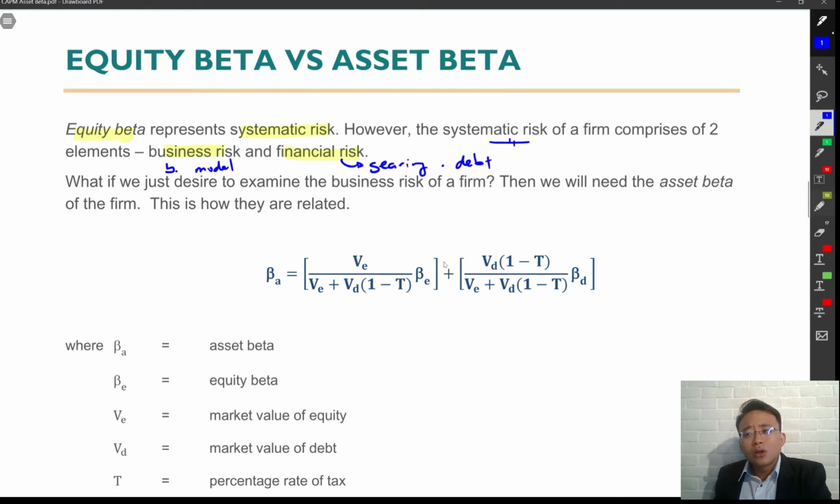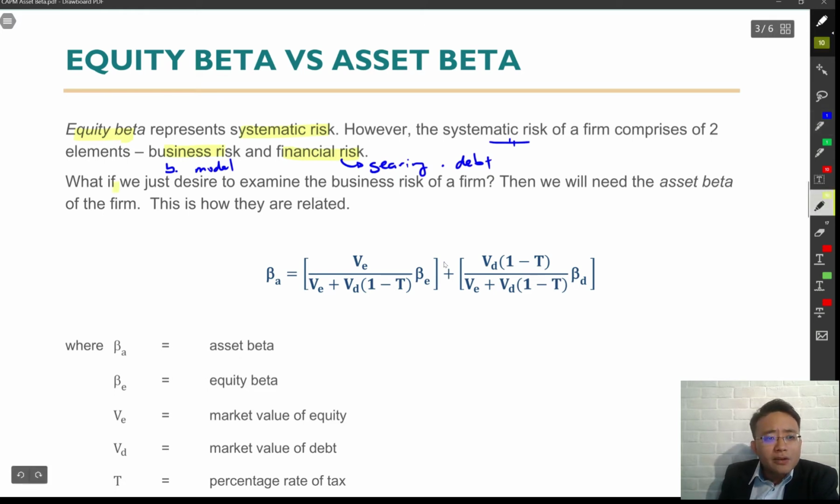So, question. What if we just desire to examine the business risk of a firm? So, we are saying systematic risk has both business and financial risk within it. What if I do not want the financial risk? I just want the business risk.